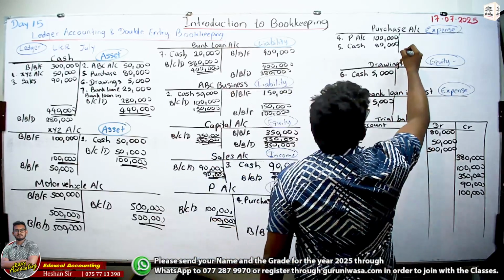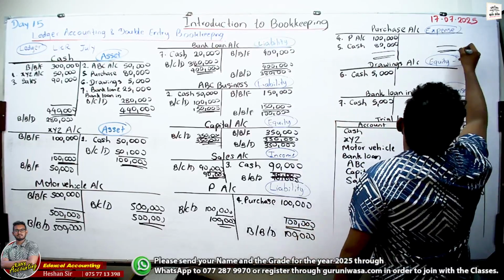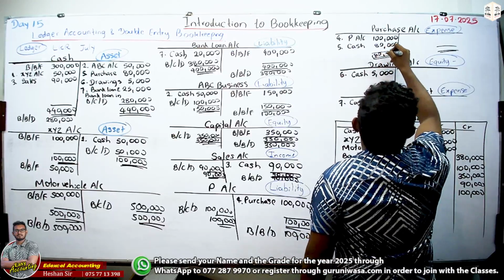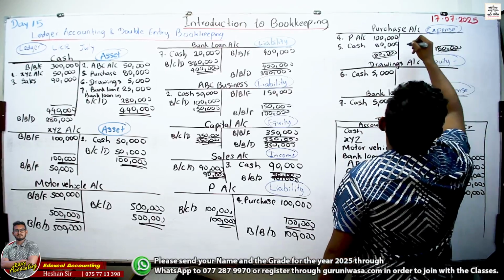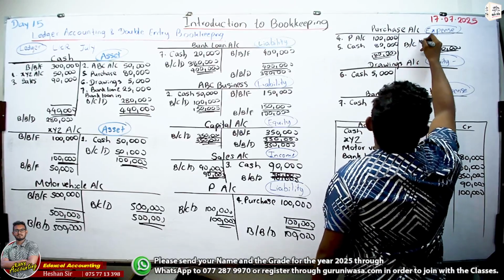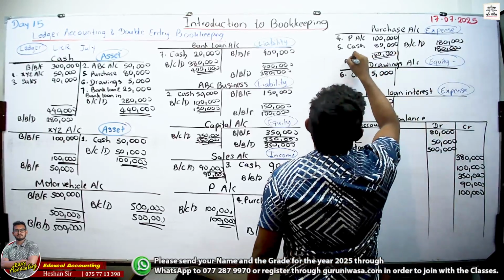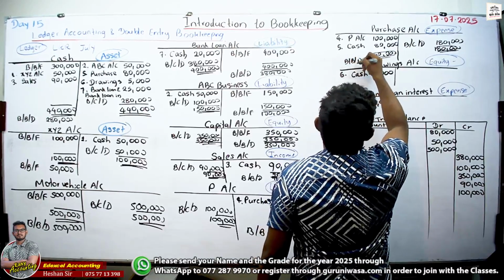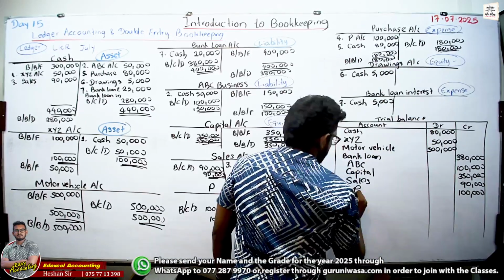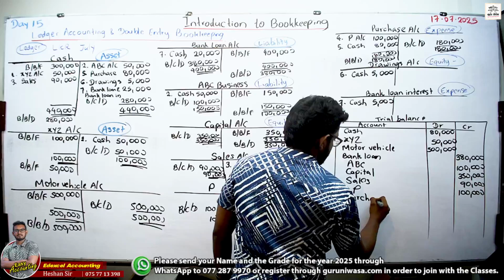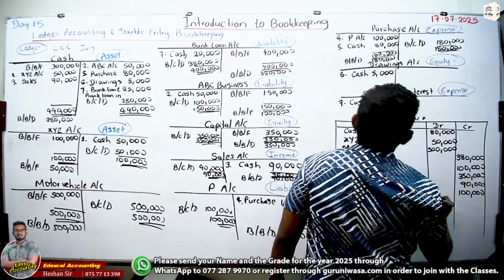Like purchase account, 180,000, 180,000, balance carried down 180, balance brought down. Can write as purchase, debit side 180.